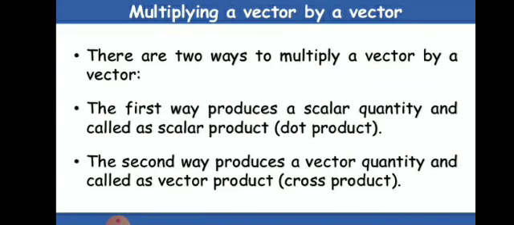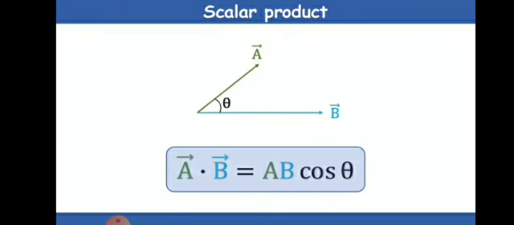The second way produces a vector quantity and is called a vector product. So dot product and cross product, these are the 2 types of multiplying a vector by a vector. Now let us see the first one, the scalar product.